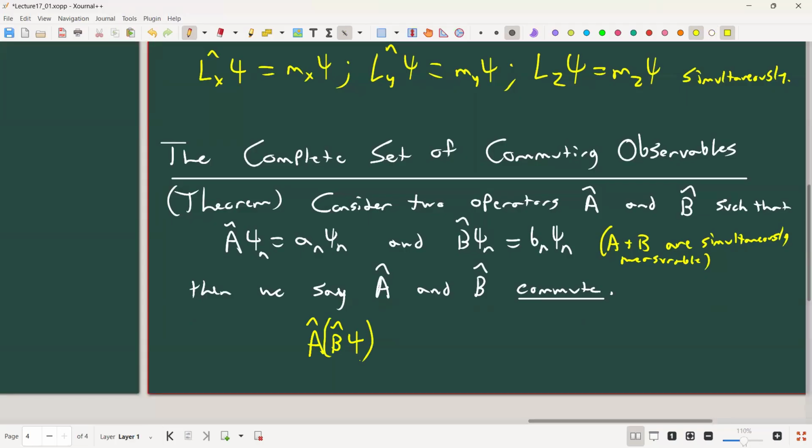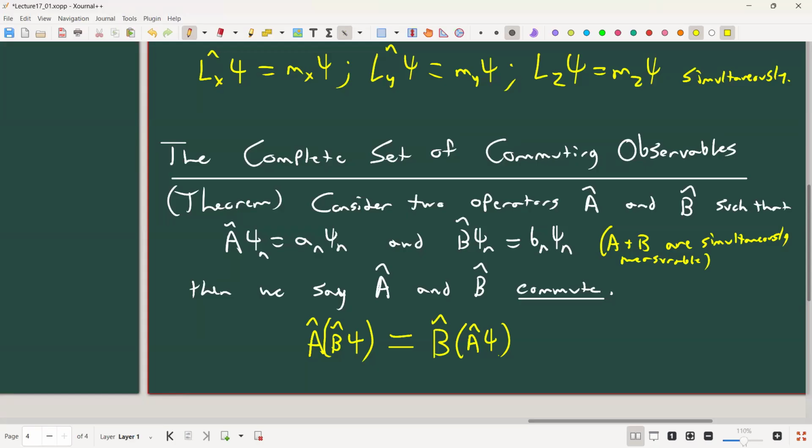So I measure B first and then A. So I put psi through my B box and then I put it through my A box. Gives me the same result as putting psi through A first and then putting it through B. Same result. So the variables commute.